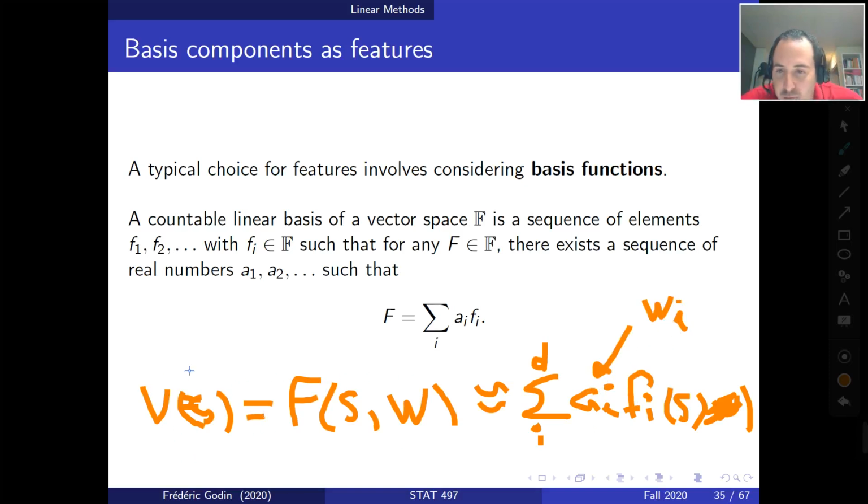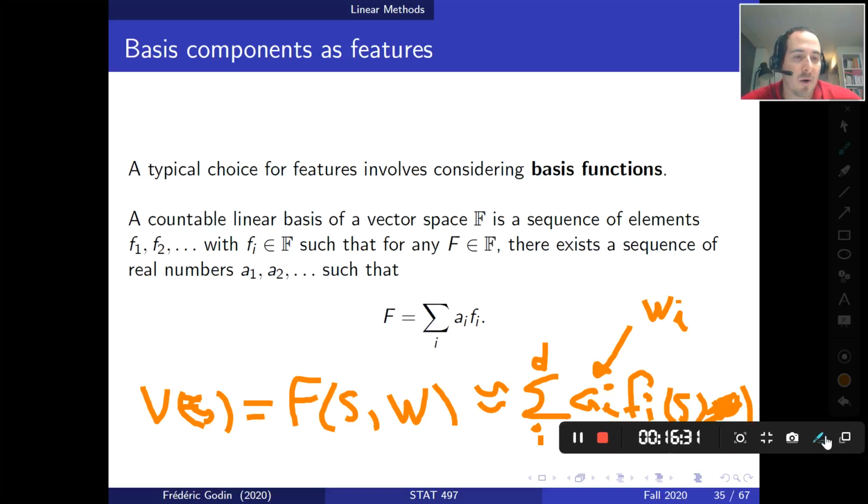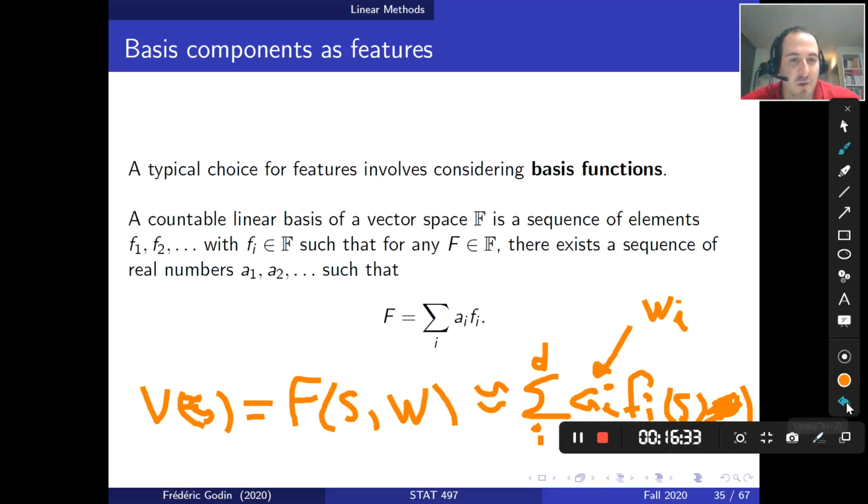To have a proper approximation of the value function, we're going to try to estimate these coefficients a_i. And for suitable coefficients a_i, we should have a suitable approximation of the value function. Okay, so this is how we're going to proceed.